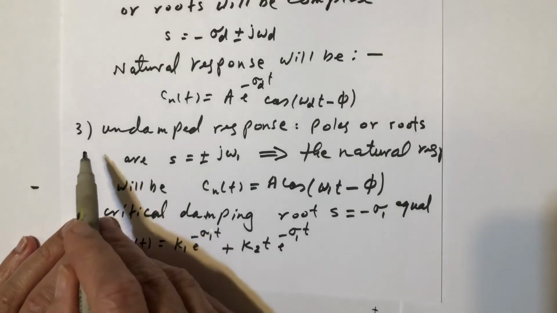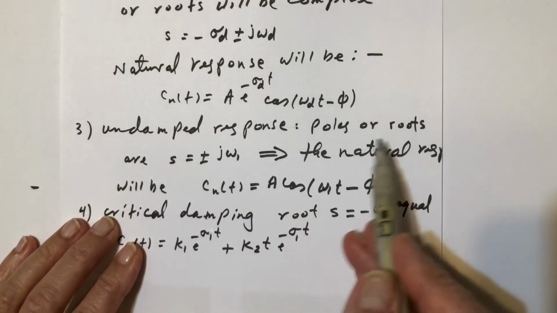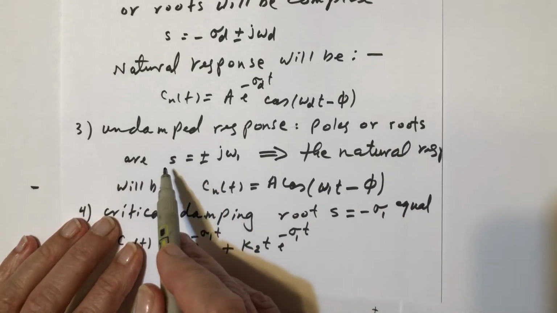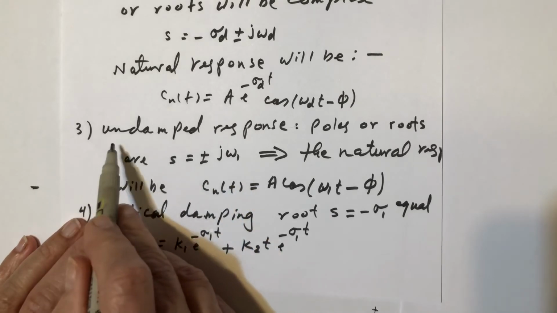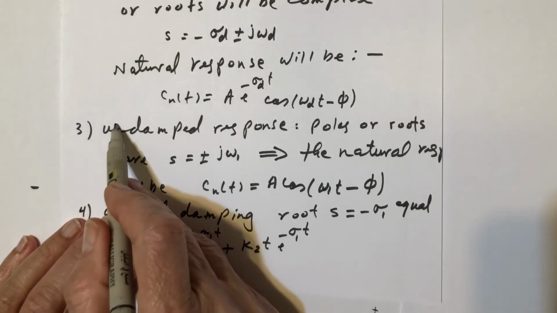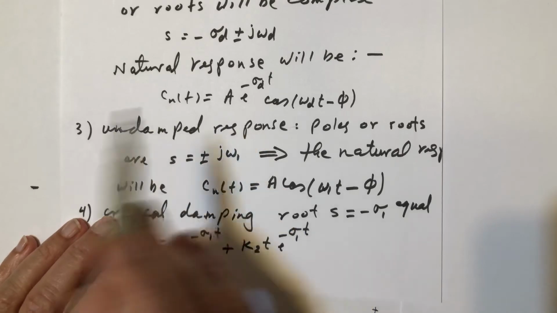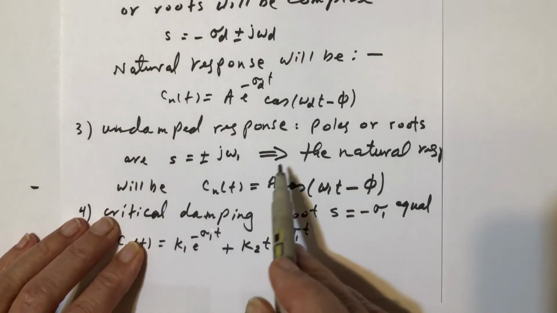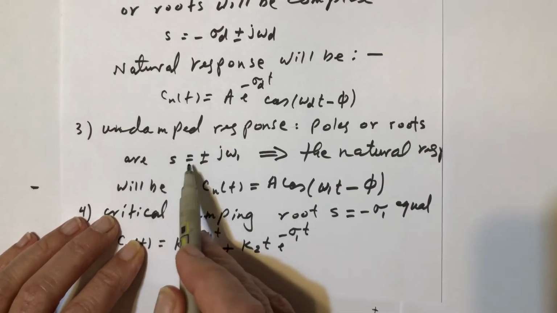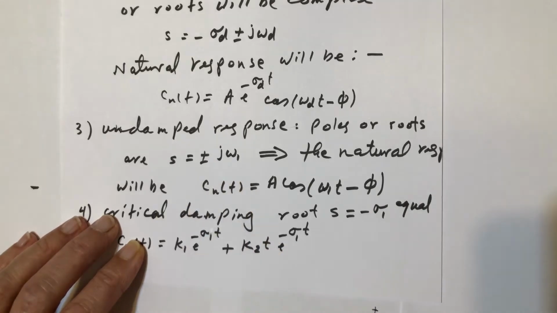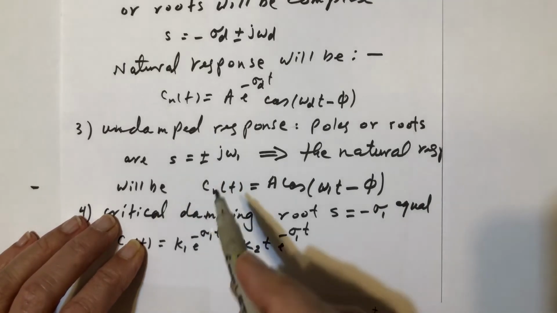Okay. Third, the undamped response, where poles or roots are undamped. This means no damping. For the undamped response, poles or roots are s equal plus or minus j omega 1. Okay, one plus, one minus.